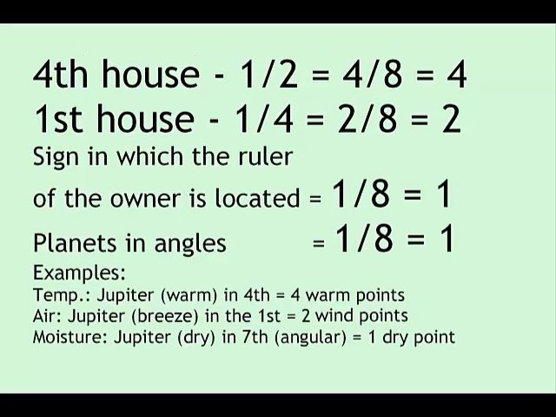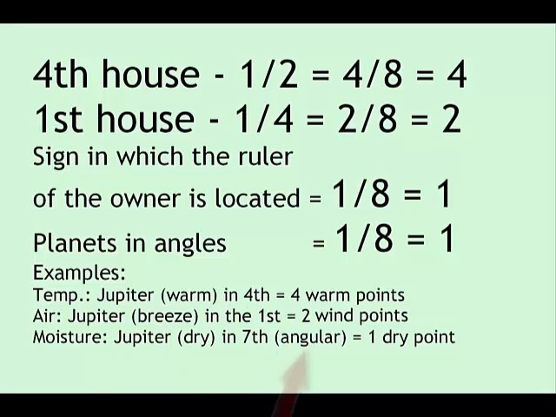Let's put Jupiter into 3 different charts and each time into a different location. If Jupiter were located in the 4th house of a temperature chart, Jupiter being warm would receive 4 warm points. If Jupiter were located in the 1st house of an air movement chart, Jupiter being a breezy planet would receive 2 wind points.